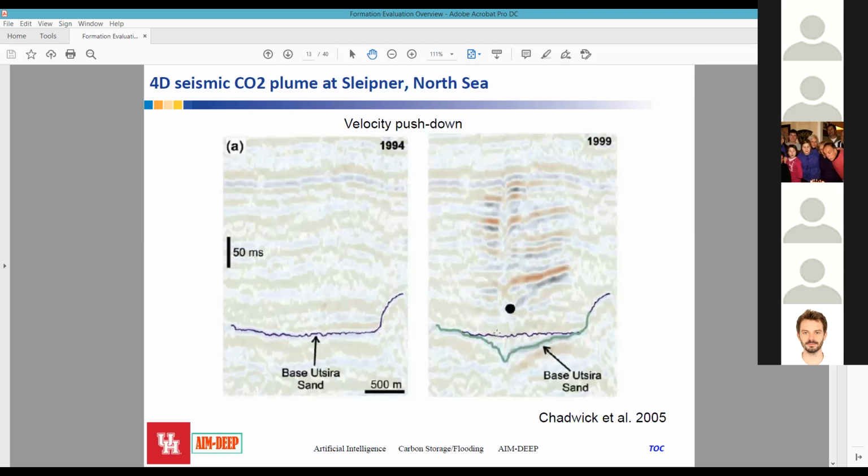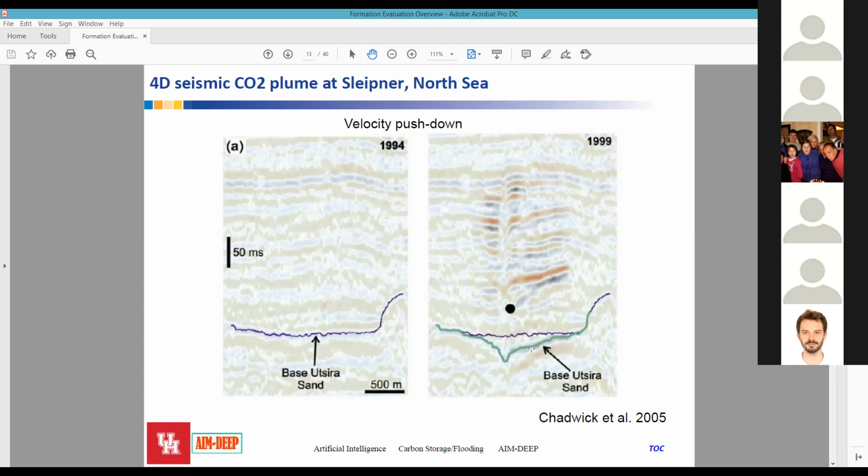We see the changes in the seismic amplitude in the previous slide, and in this slide you see changes in the time shift. Assume this is the reservoir bottom, the reservoir base here. And the blue line here shows the base before the CO2 injection, and the green curve here shows the base of the reservoir in the time domain after the CO2 injection.